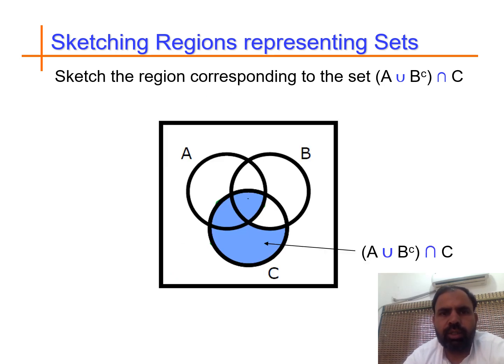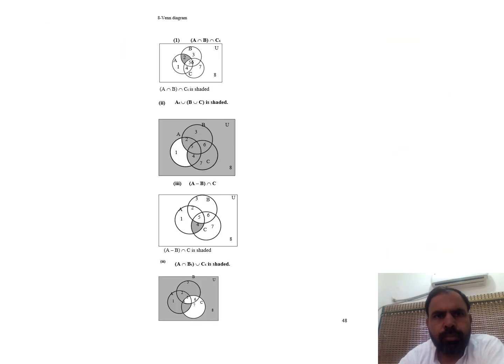Here we sketch the region corresponding to the set (A union B) intersection C. This is the area of (A union B) intersection C. Here B complement means U minus B, so B complement is equal to U minus B. This is the area, which can be subtracted from this.